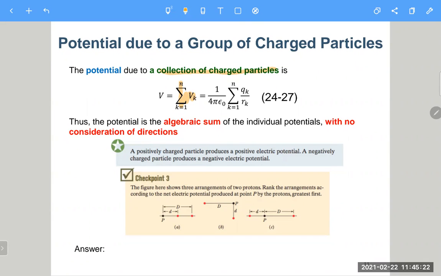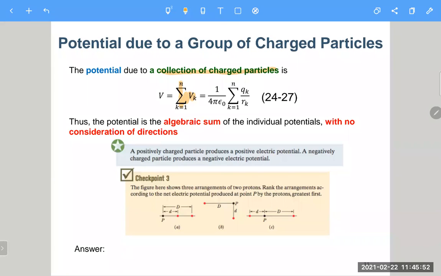It is easier than calculating the electrostatic force or the electric field, because those are vectors. But voltage, the electric potential, is just a scalar, so adding them together is much easier.